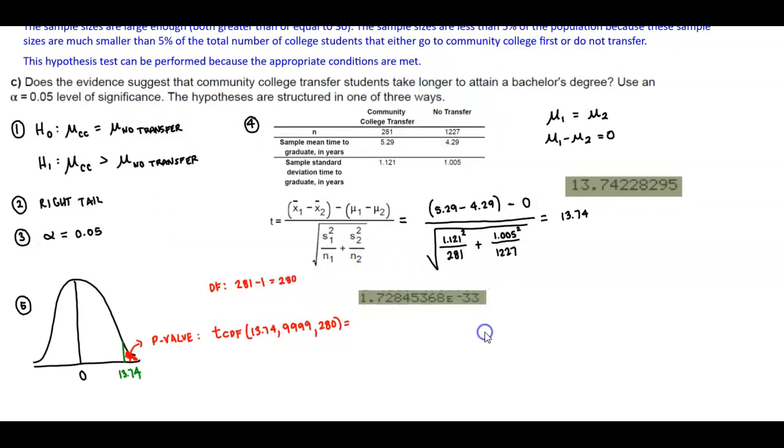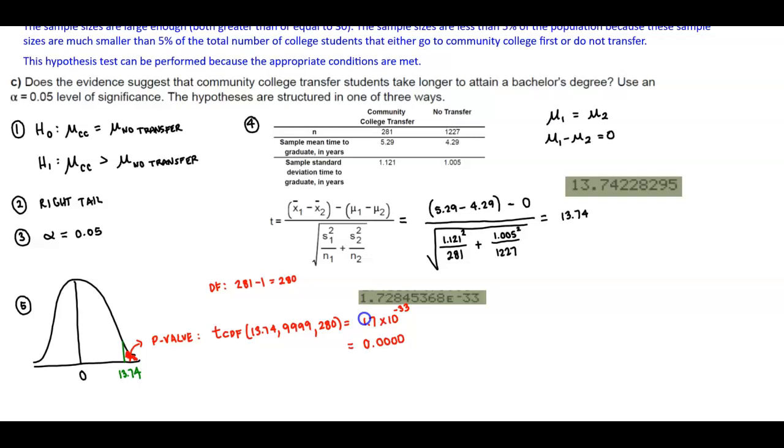Okay, so this means that we have 1.7 times 10 to the negative 33, because that's what it would be in scientific notation. Technically, if we move that decimal point 33 places to the left, and round it to 4 decimal places, we're going to end up with 0.0000.